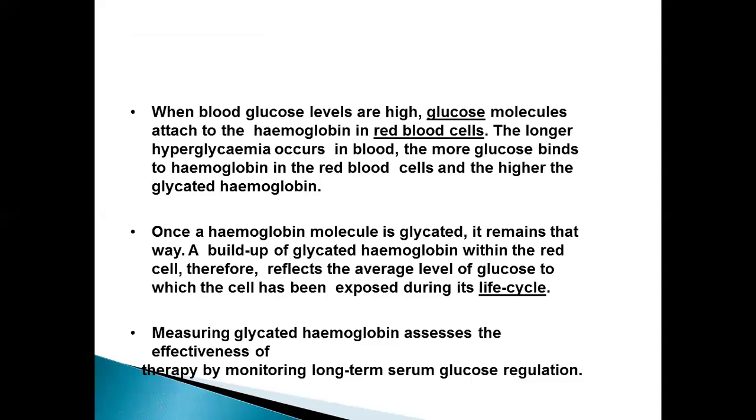When blood glucose levels are high, glucose molecules attach to the hemoglobin in red blood cells. The longer hyperglycemia occurs in blood, the more glucose binds to the hemoglobin in the red blood cells, and the higher the glycated hemoglobin. So if the glucose is more in blood, we have to manage it through dietary modifications and physical activity.